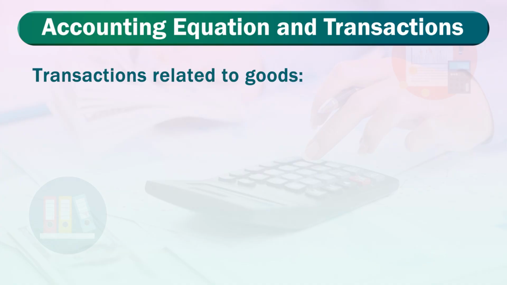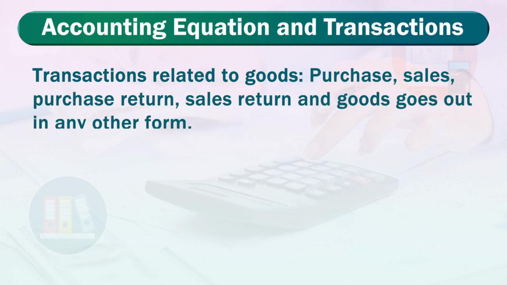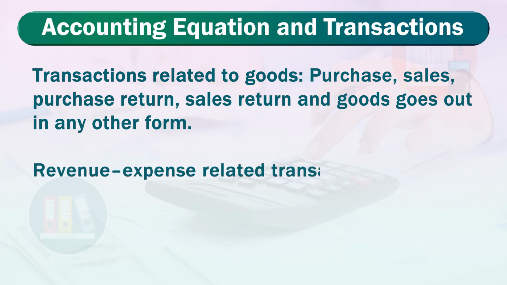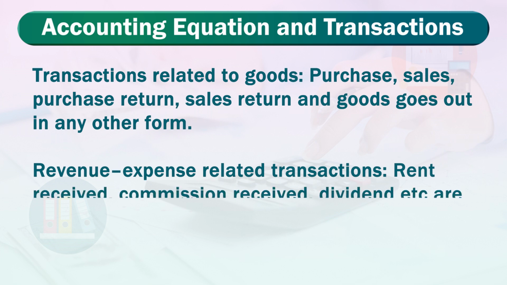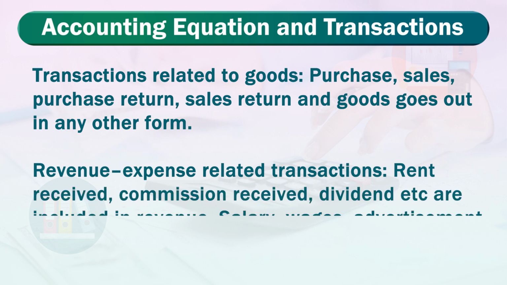Transactions related to goods, purchases, sales, purchase return, sales return and goods going out in any other form are part of the first category. Then second is revenue and expense related transactions. Rent received, commission received, dividend etc. are included in the revenue.